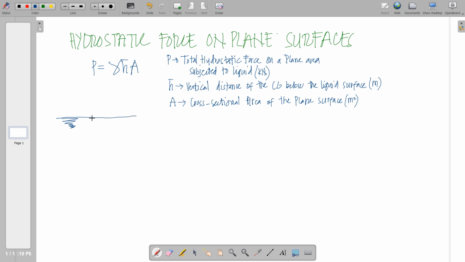Now, if we have a liquid surface and a plane surface underneath or submerged into that liquid, of course, this shall have its center of gravity. In this case, it is rectangular, so the center of gravity is simply located at half of its height. From that center of gravity up to the liquid surface, this is what we call h̄.